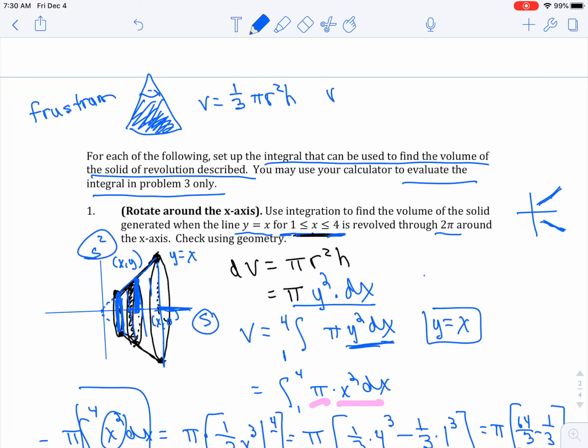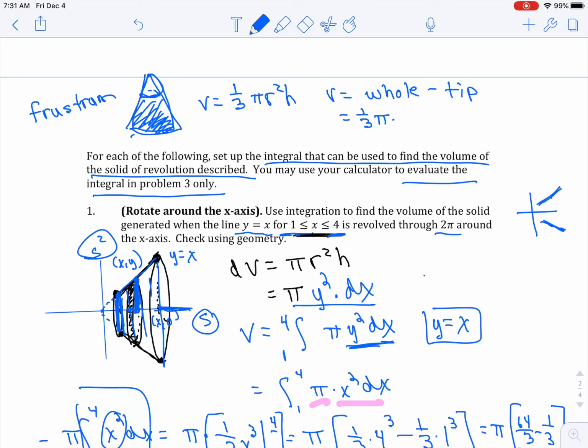So notice that the volume is going to be the whole cone, which is all of this, minus the little tip, or minus the top. And so for the whole thing, we're going to have 1/3 pi times the radius.